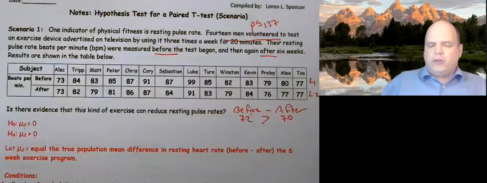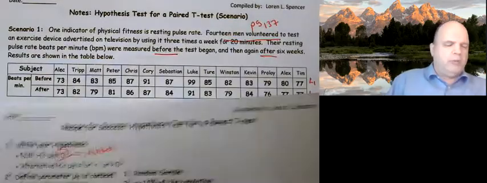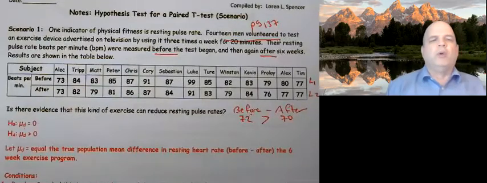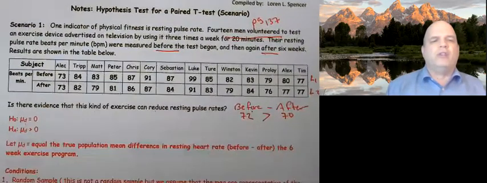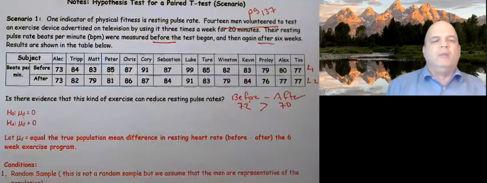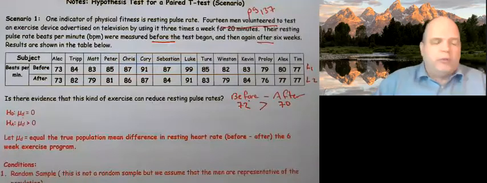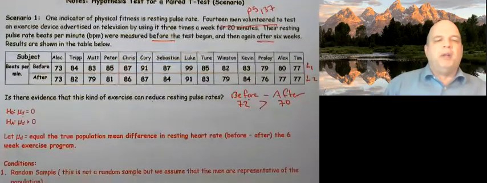All right, our first condition, according to the recipe, says it needs to be a random sample. Unfortunately, what I read is I had 14 volunteers. So I need to address that. It's not a random sample, but we're going to assume that the men are representative of the population.